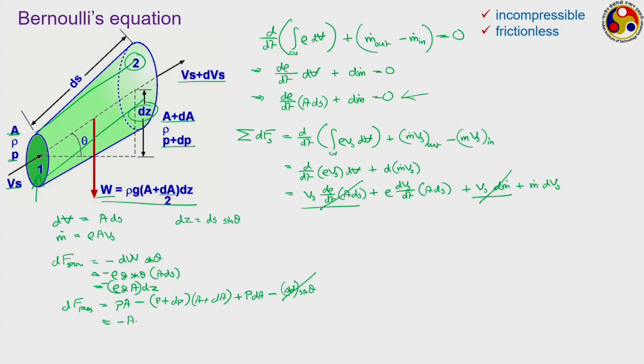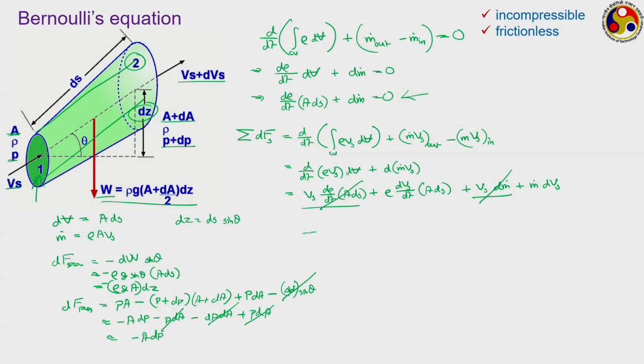So, we can write this as minus A dP minus P dA minus dP dA plus P dA, and from there P dA cancels out and dP dA can also be taken to be negligibly small, leaving only minus A dP.